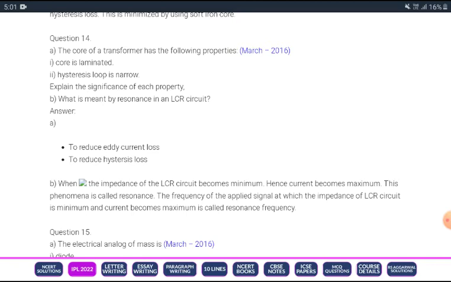The frequency of the applied signal at which the impedance of an LCR circuit is minimum and the current becomes maximum is called resonance frequency.